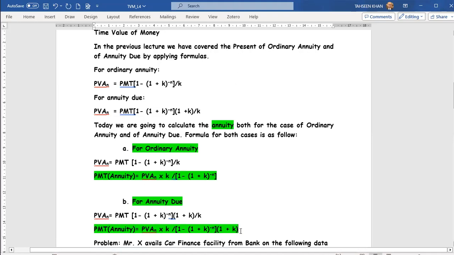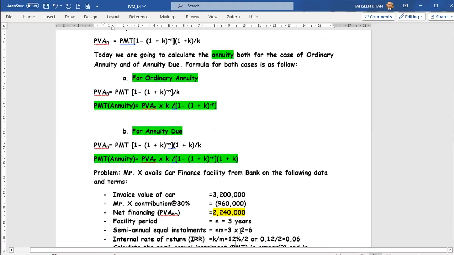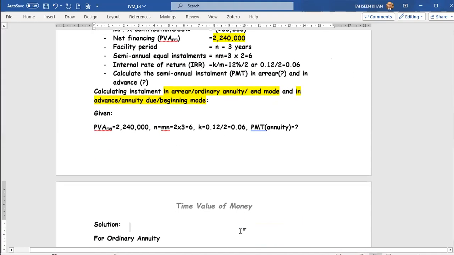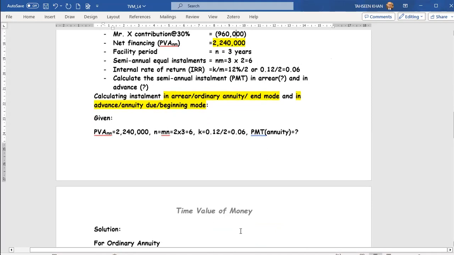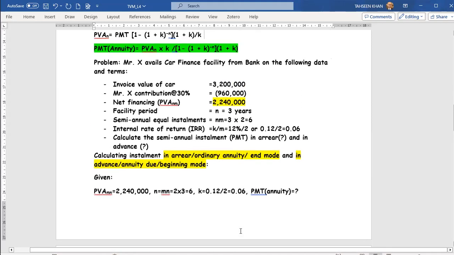Now we are going to calculate the annuity both for the annuity due and ordinary annuity. Here we have a problem. Mr. X avails car financing facility from a bank on the following data and terms.